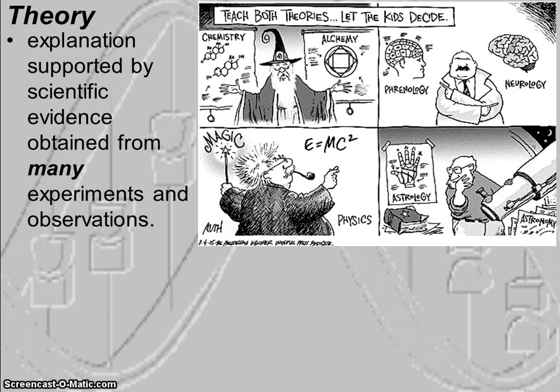And theories can be modified and they can be changed, but the key thing about a theory is that it must be, like a hypothesis, testable. So you can see some examples here of alchemy versus chemistry, or phrenology versus neurology, magic versus physics, right? Well, you can't really test magic or alchemy or some of these things, right? Scientific theories have to be things that we can test.